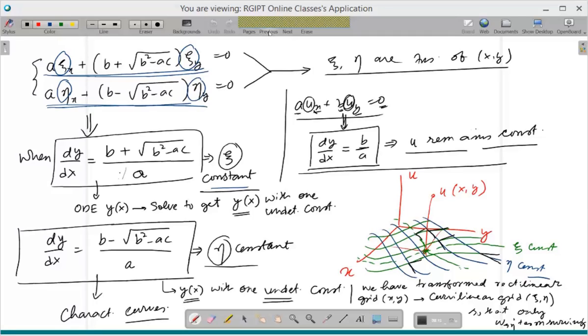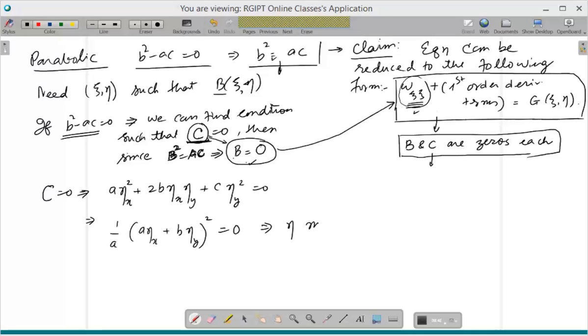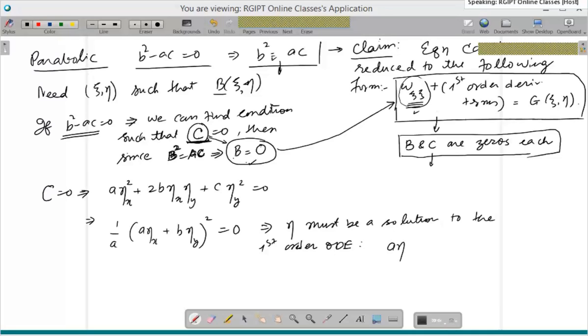So I can write this simply as (1/A)(A eta x plus B eta y) squared equal to 0. Therefore eta must be the solution to the first order equation a eta x plus b eta y equal to 0.